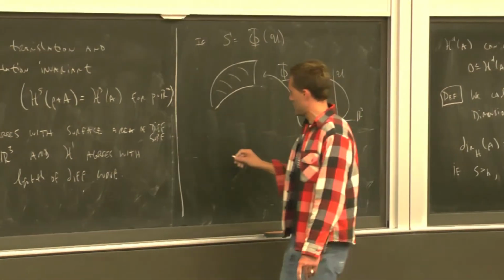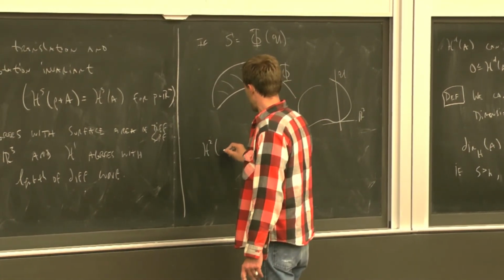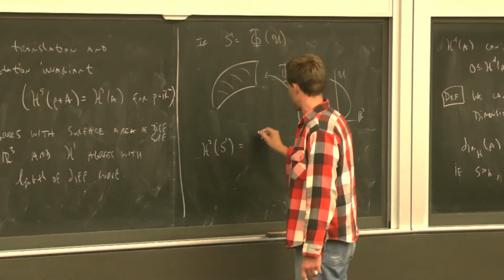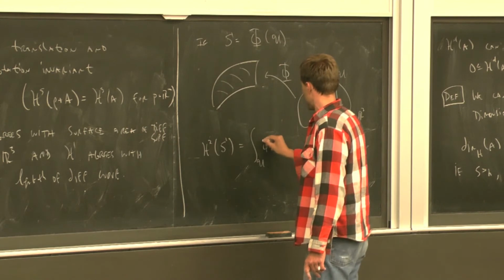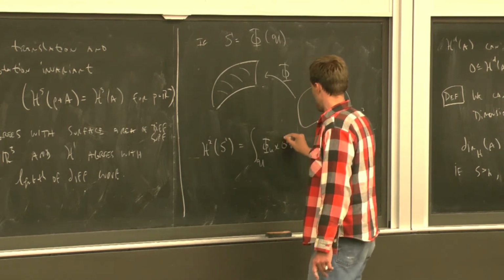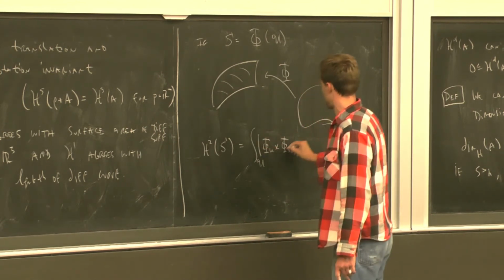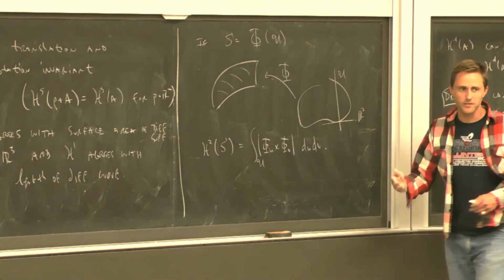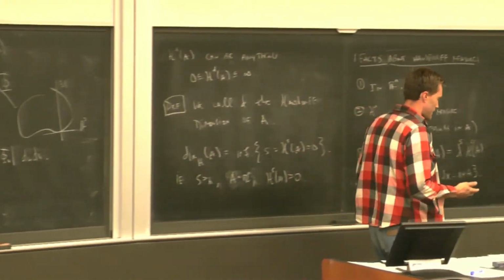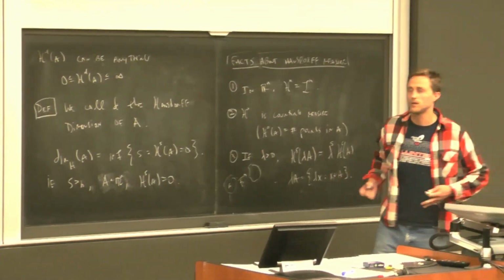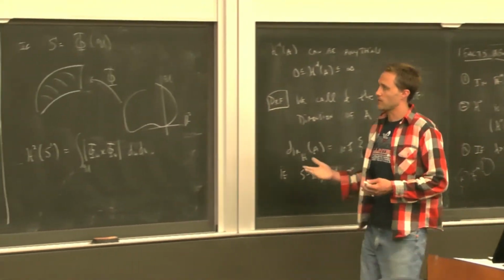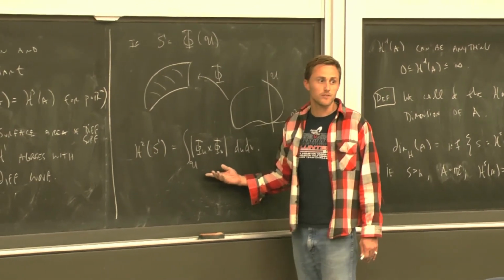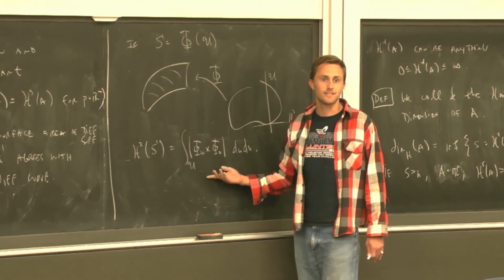Then magically H2 of S is equal to the integral over U of the magnitude of phi_u cross phi_v, du dv. So magically, the way we've defined this Hausdorff measure, it exactly agrees with our original idea for differentiable sets.